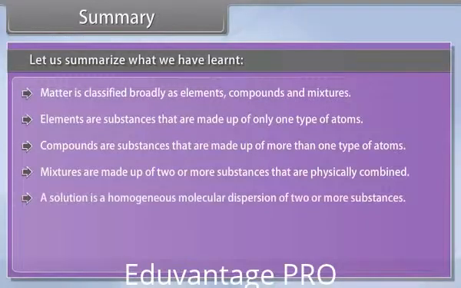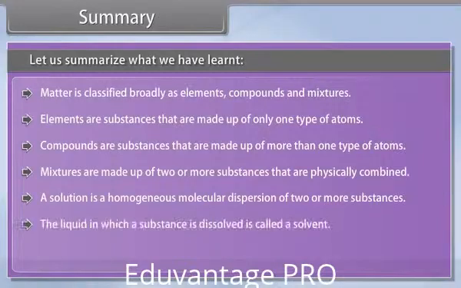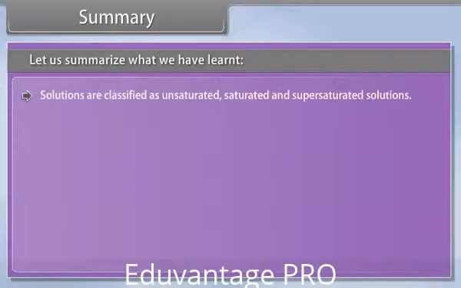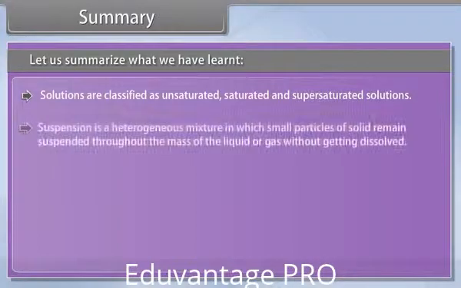A solution is a homogeneous molecular dispersion of two or more substances. The liquid in which a substance is dissolved is called a solvent. Solutions are classified as unsaturated, saturated, and supersaturated solutions. Suspension is a heterogeneous mixture in which small particles of solid remain suspended throughout the mass of the liquid or gas without getting dissolved.